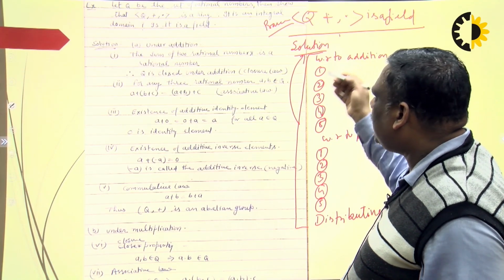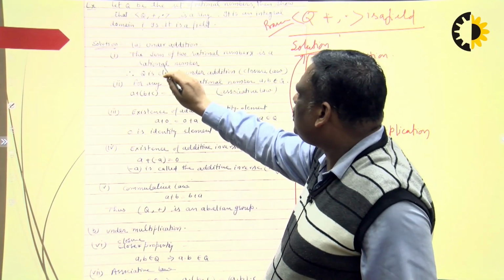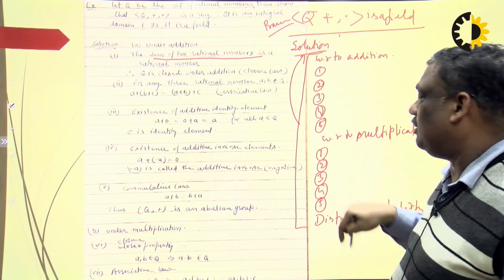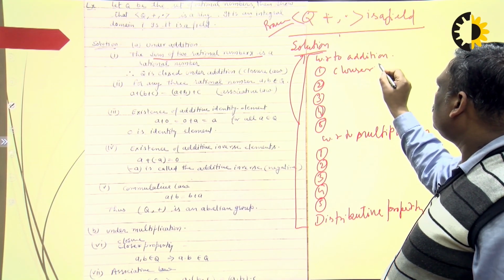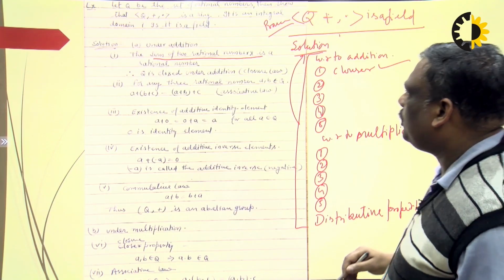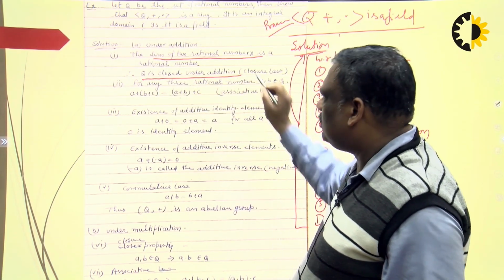So one by one, with respect to addition, suppose this is a rational number. The sum of two rational numbers is always a rational number, so the closure property holds. Q is closed under addition.